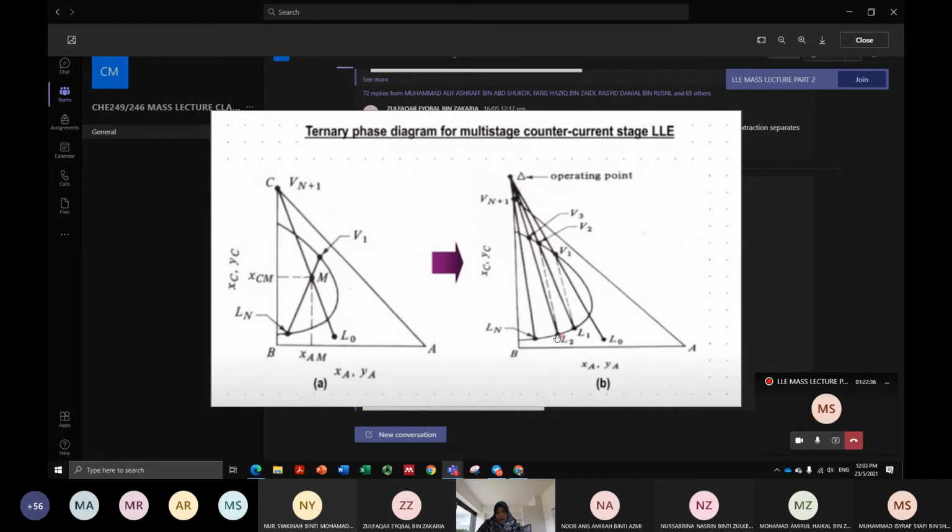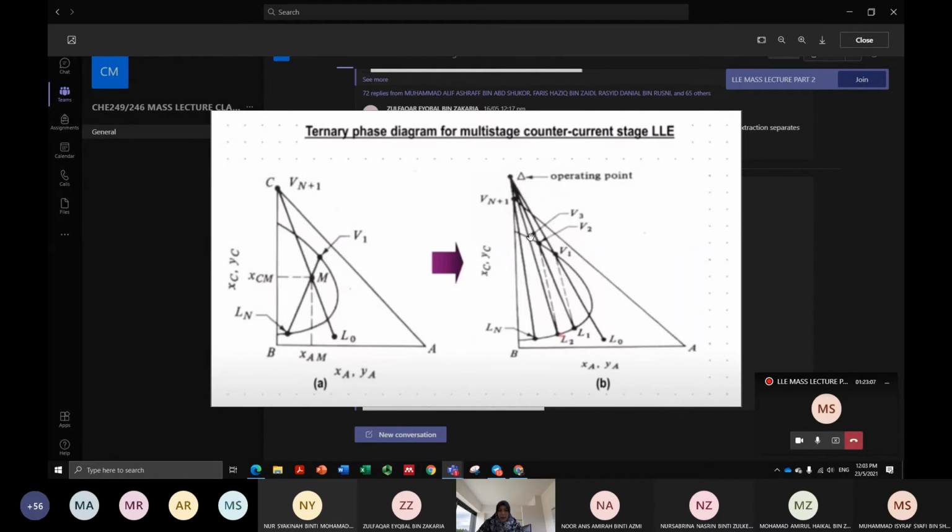Next, you proceed again, same method, from L2 to the operating point. You draw the straight line, and that straight line intercepts the equilibrium curve here. When it intercepts the equilibrium curve here, that will be your V3. Dan dia akan bersambung-sambung sehingga selesai. Okay, bila nak selesai?